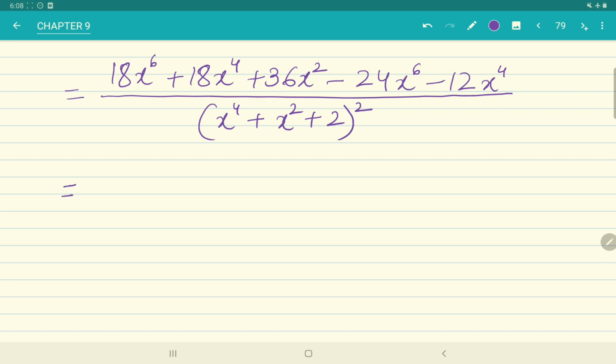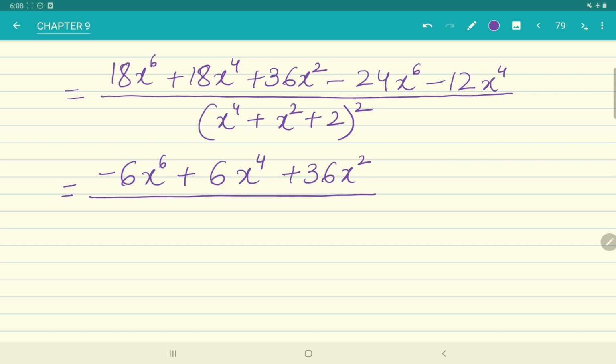This is then equal to, so it's minus 24 plus 18, so it's minus 6x raised to the power 6. 18 minus 12 is 6, x raised to the power 4 plus 36x squared. So we have this now, and this is equal to minus 6x squared.